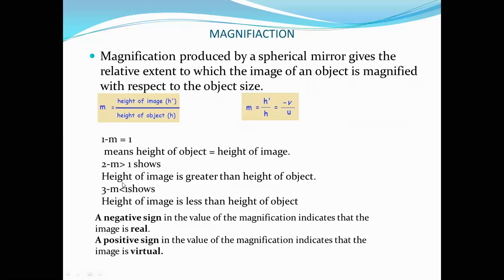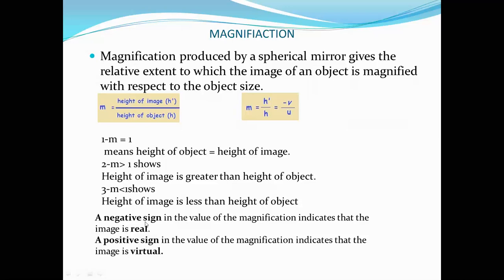So this shows the nature of the image: the image height is more than the height of the object. And if the value is M equals 0.3, 0.3 is always less than 1, so you have to write down that the height of the image is less than the height of the object.